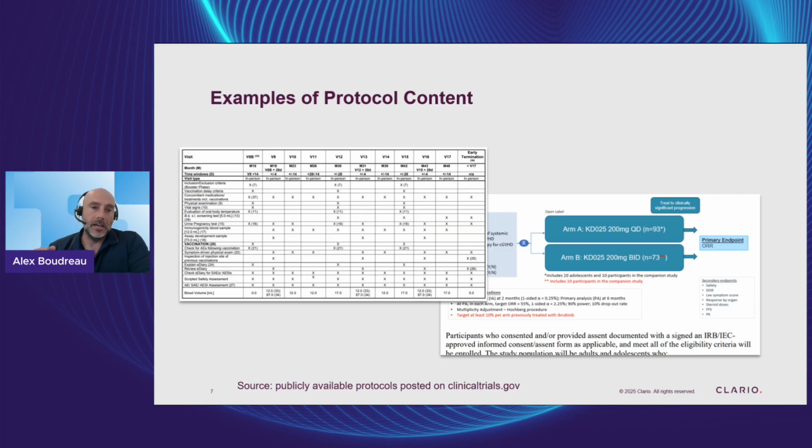Understanding that information is critical, but also very challenging for AI. And on the right, you have a diagram that holds some very important information for the study. So your solution needs to be able to extract that information reliably if you want to extract key insights from those documents.